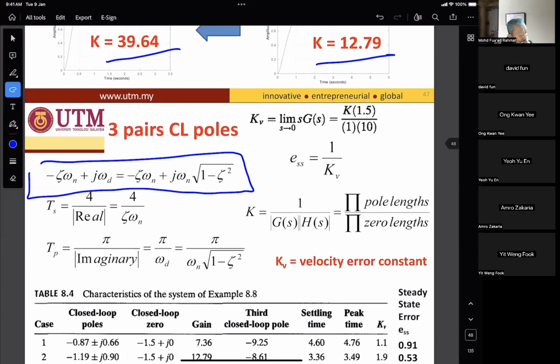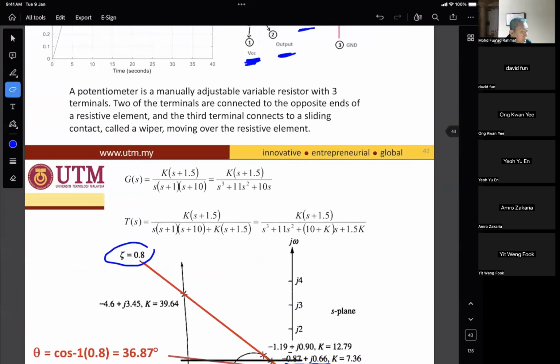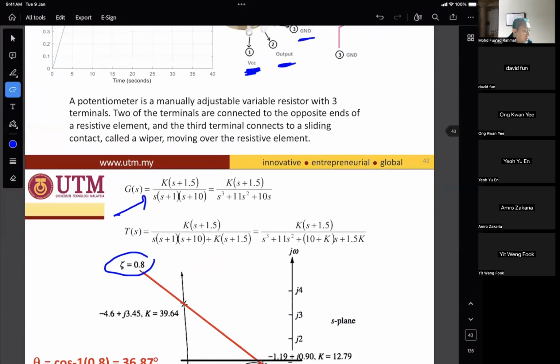As usual, for the dominant pole pair we use this concept: minus zeta omega n plus j omega d. And then the settling time is 4 divided by the real part, and the peak time is pi divided by the imaginary part. And this system is type 1. Why type 1? Because the transfer function here has one pole at the origin.